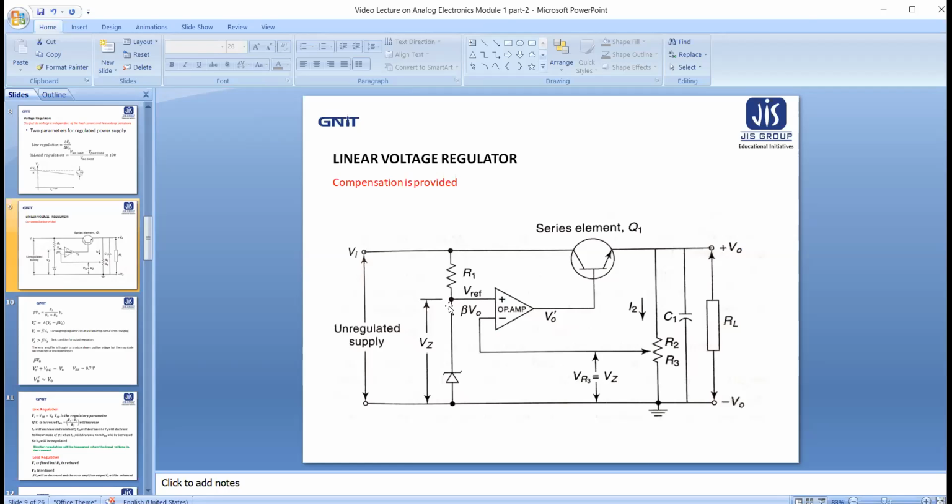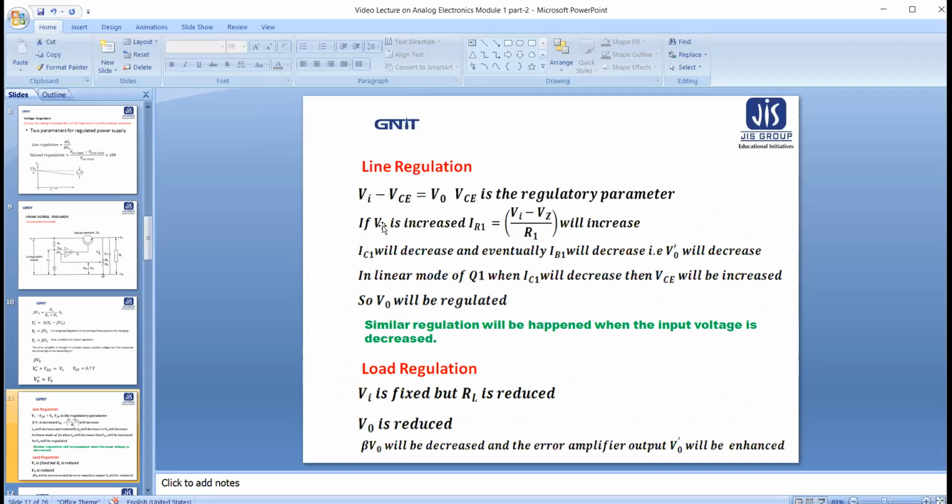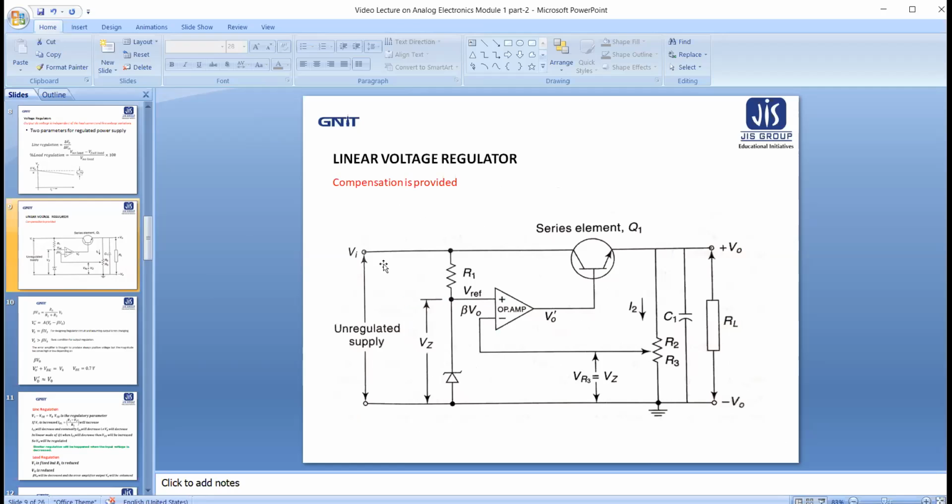Since VZ is a constant voltage and R1 is constant, if VI is increased, IR1 will also increase. So maximum current will be passed through the Zener diode and the minimum current will pass through the series element.